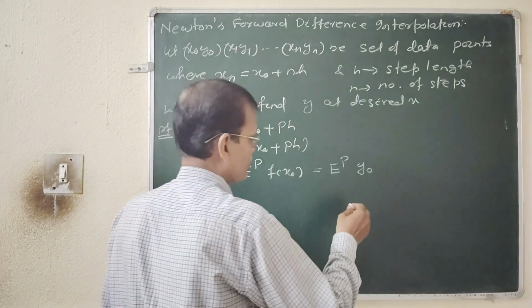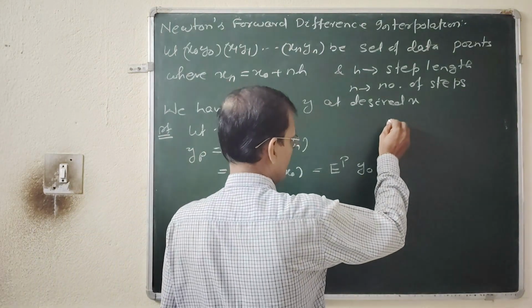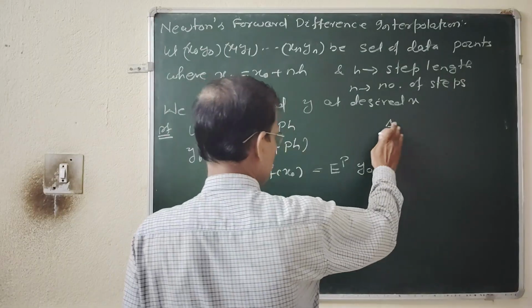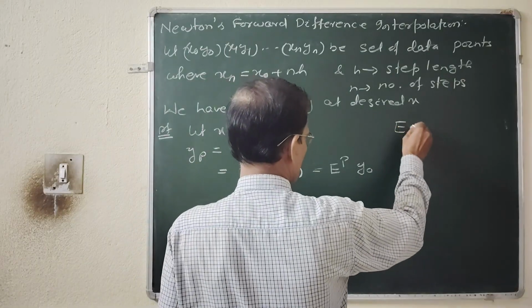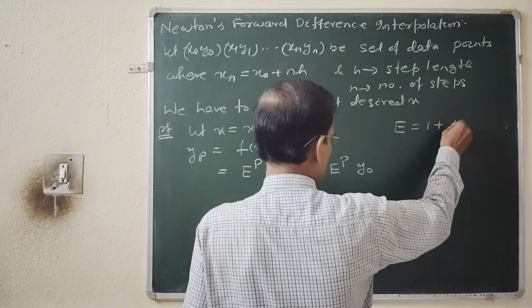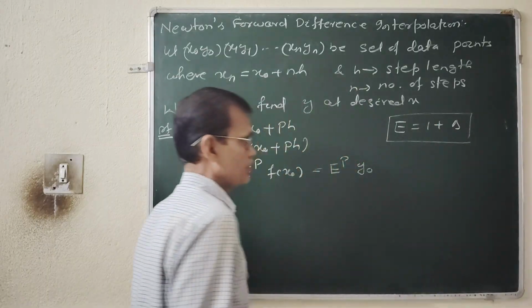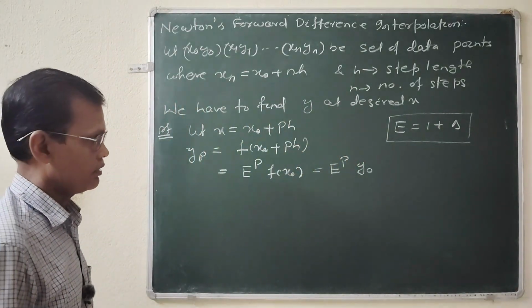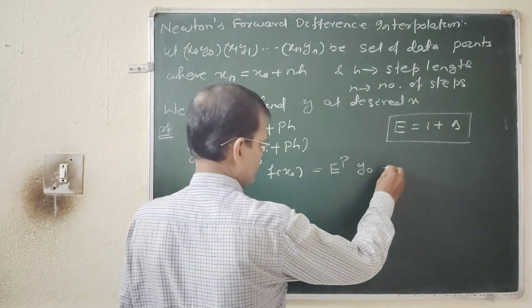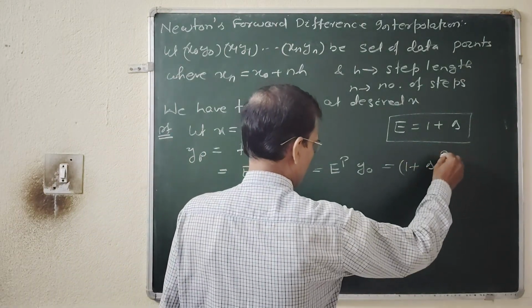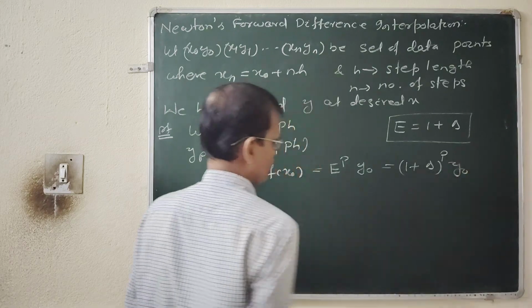As per the relationship of the forward operator and shift operator, we know that e is equal to 1 plus delta. Already we have discussed the relationship between the shift operator and forward operator. So we can write it as (1 plus delta) to the power p y0.